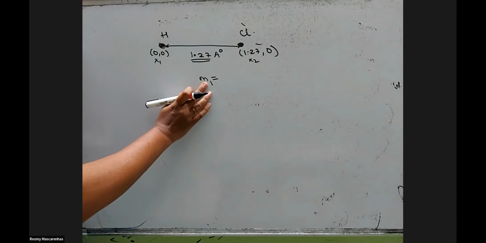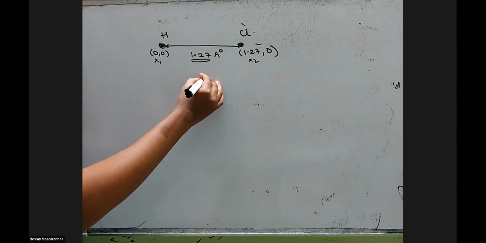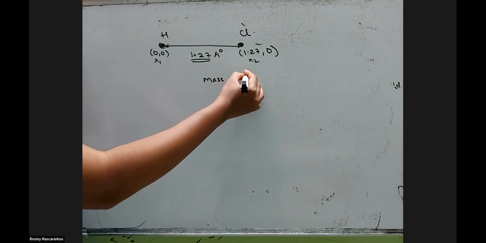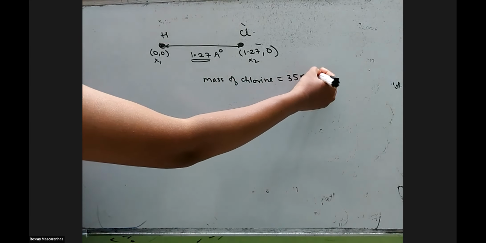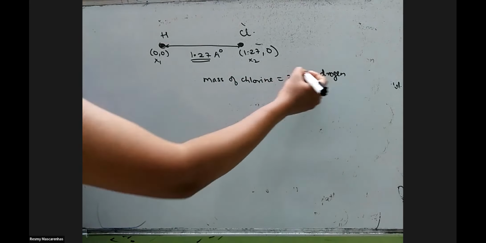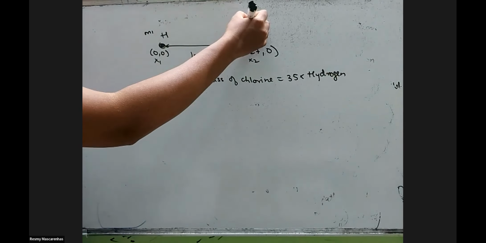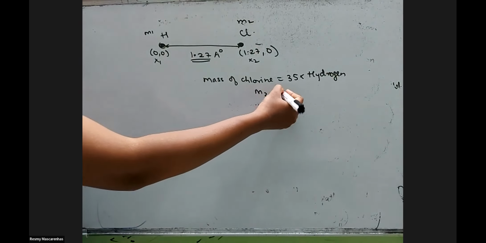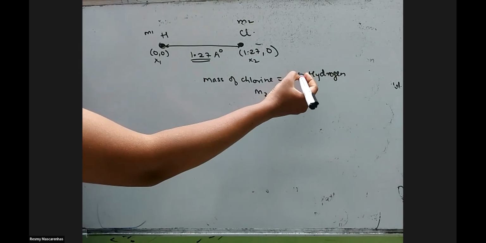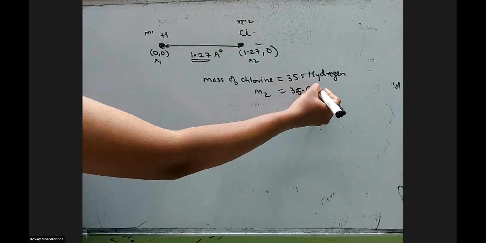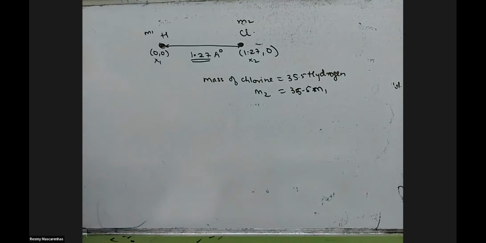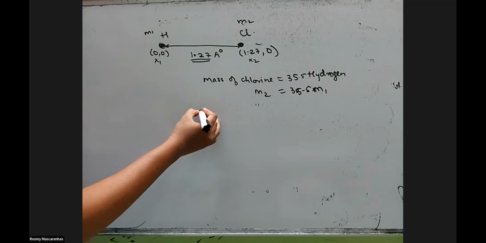Okay, m1 is of what? Mass of hydrogen or mass of chlorine is 35 times hydrogen. So this is m1, this is m2. m2 is 35.5 times hydrogen. Okay, now use the formula.